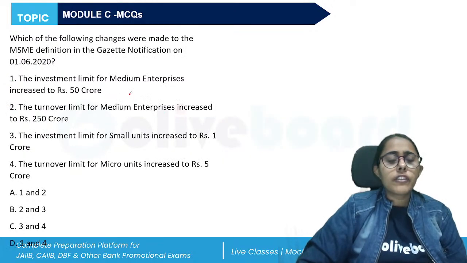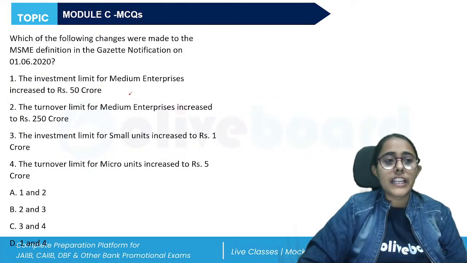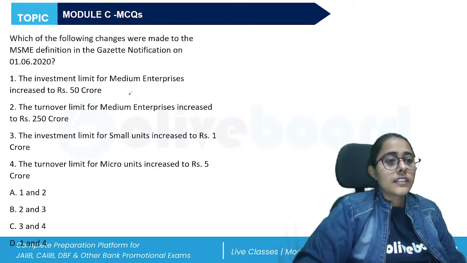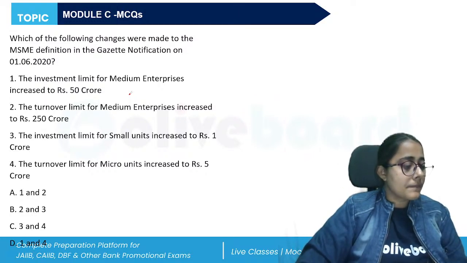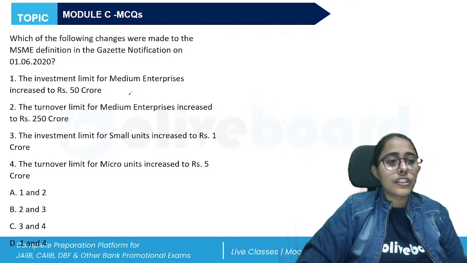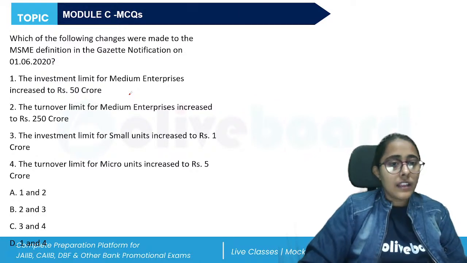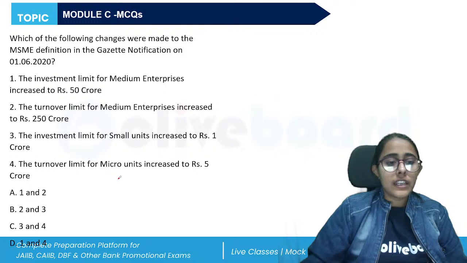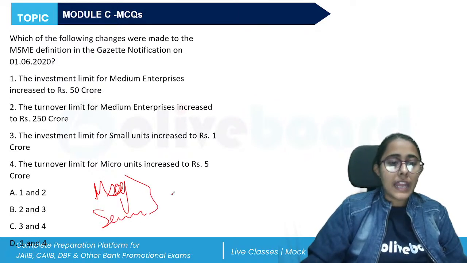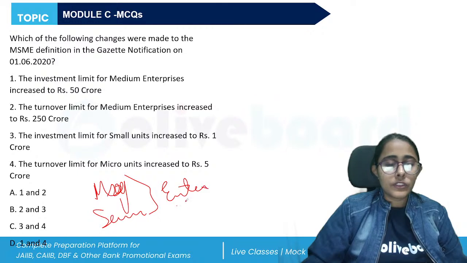Next, which of the following changes are made to the MSME definition in the Gazette notification of 1st July 2020? In 2020, a new definition of the MSMEs was given. Some changes were made in the definition, like the differentiation of enterprises into manufacturing and services was removed, and now only enterprises is used.